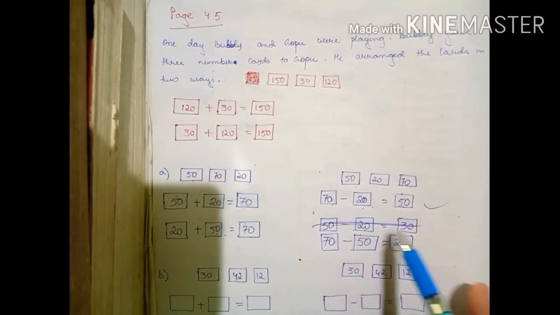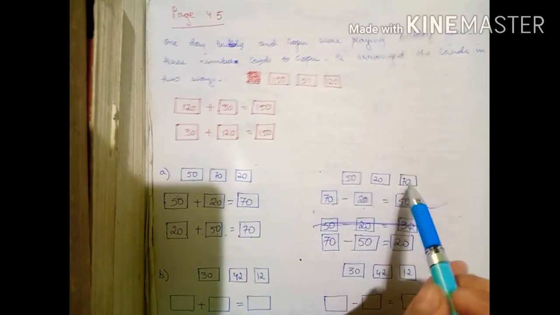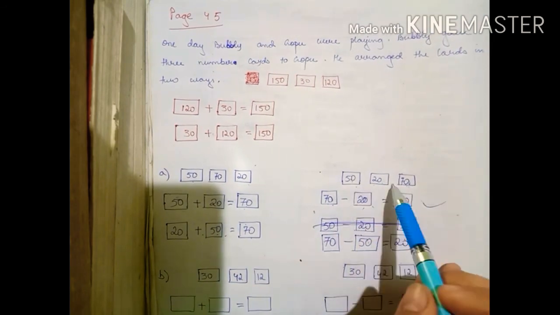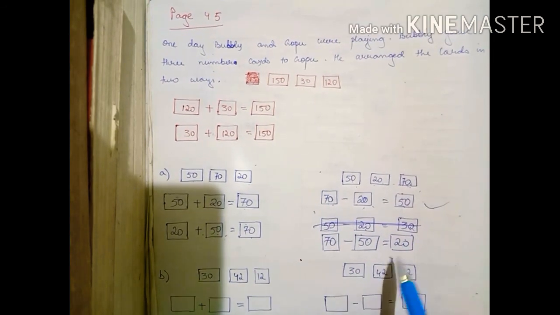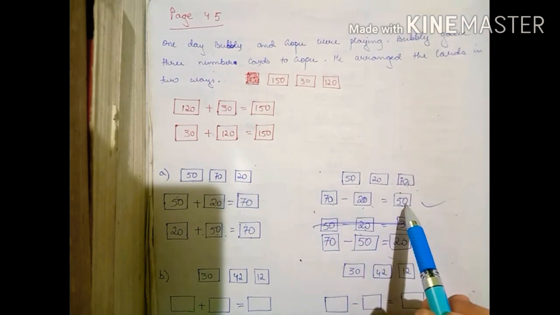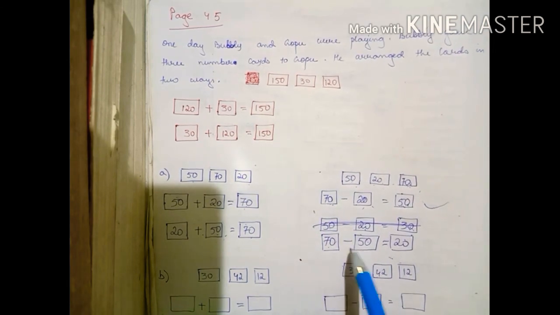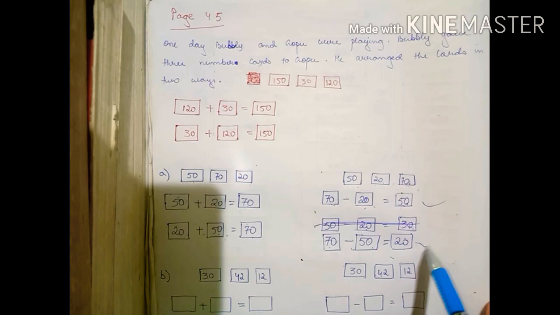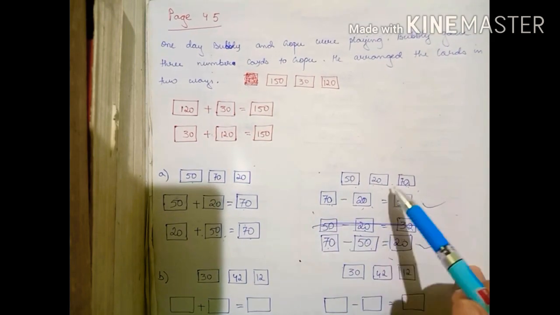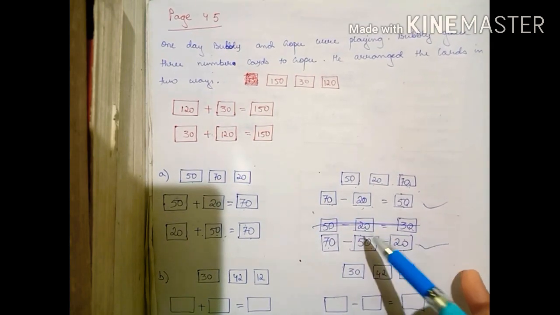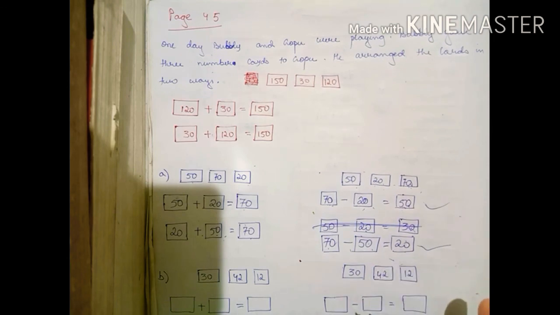You could have solved the other way also, but this 30 is not here, like I said, and we can use only these three numbers to solve. So 70 minus 20 we get 50, 70 minus 50 we get 20. In these two ways you can solve these three numbers. I hope you got it.